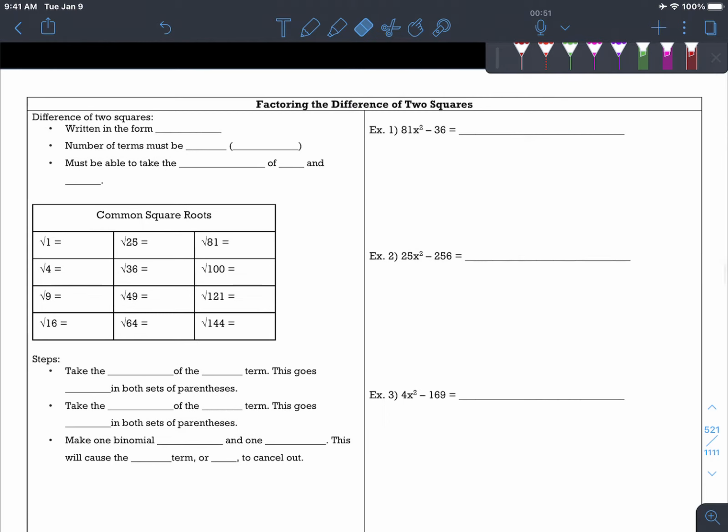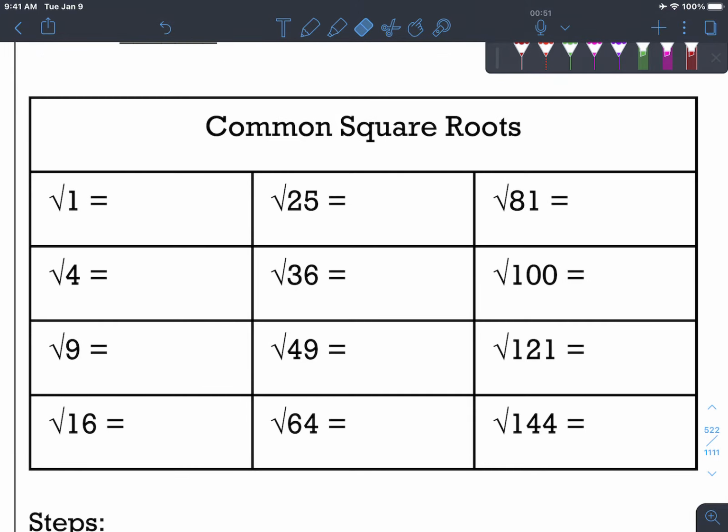So, I want to just go ahead and jump right in, and then I'm going to explain to you what exactly this is. Okay? So, first thing I want to talk about is these perfect square roots. So, these mean essentially we're taking every single whole number and multiplying it by itself, and we end up with a perfect square.